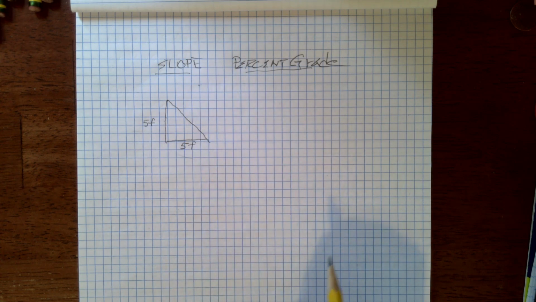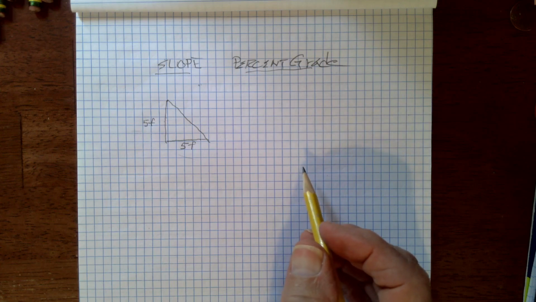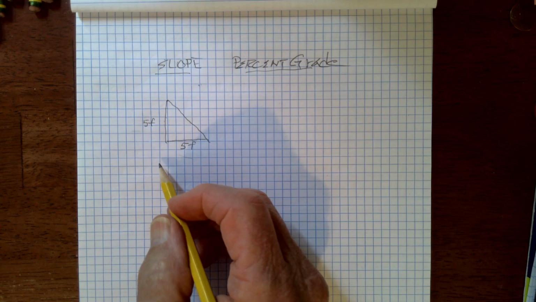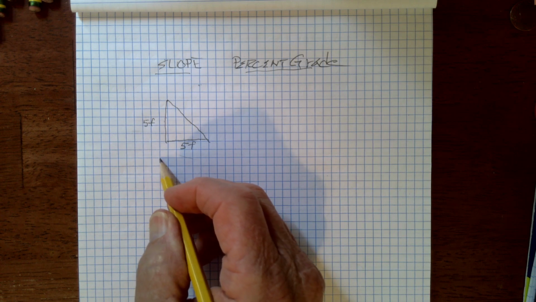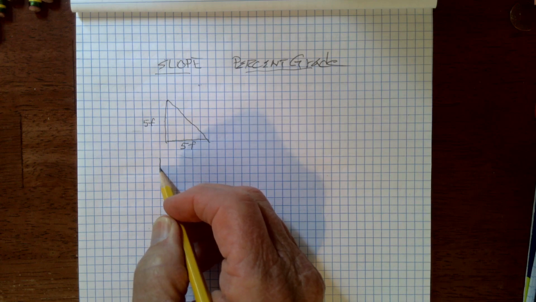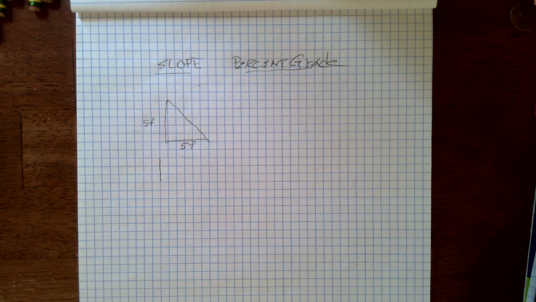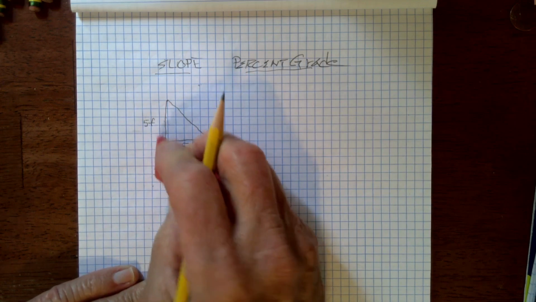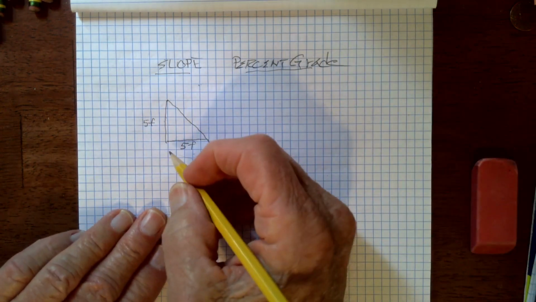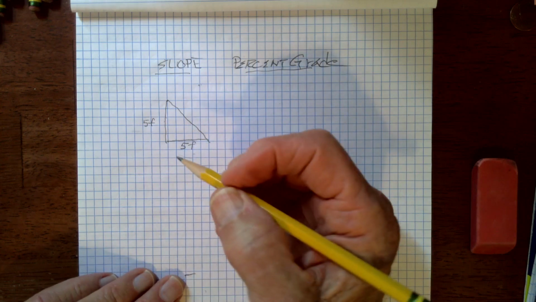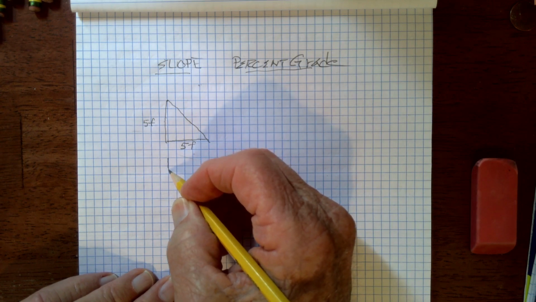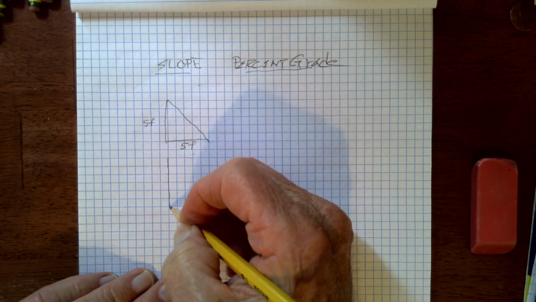Now let's do another one. Let's say we got a slope that's 6 down, 1, 2, 3, 4, 5, 6.